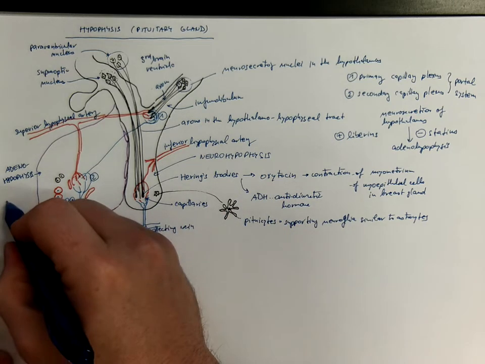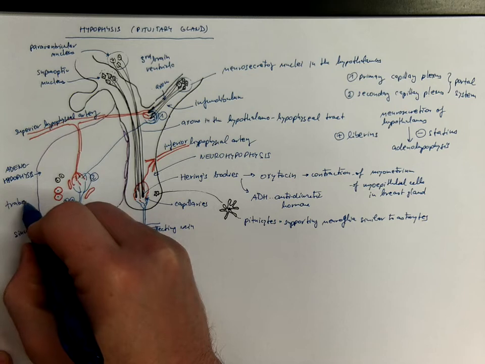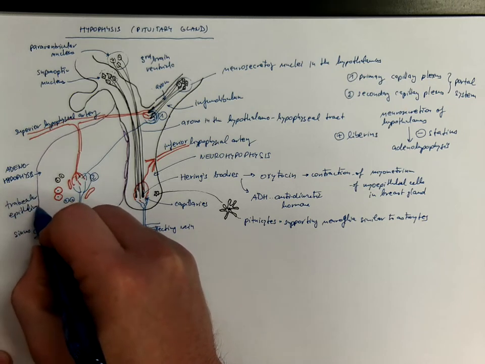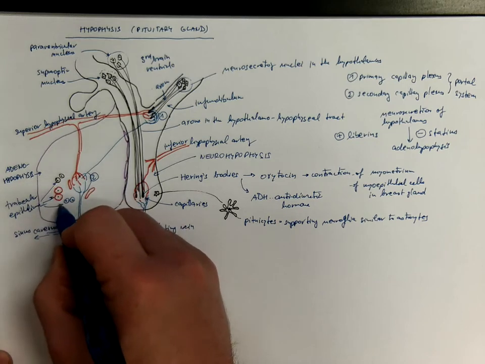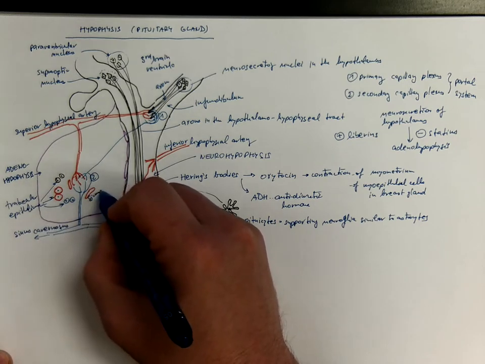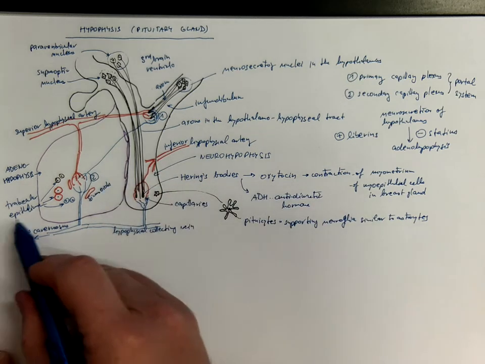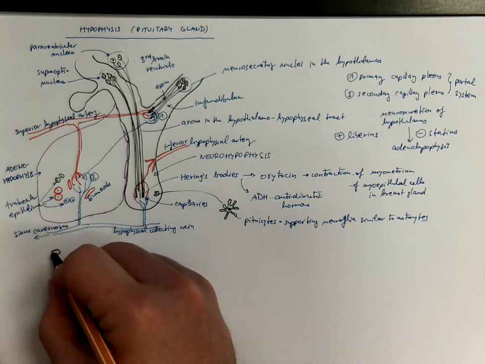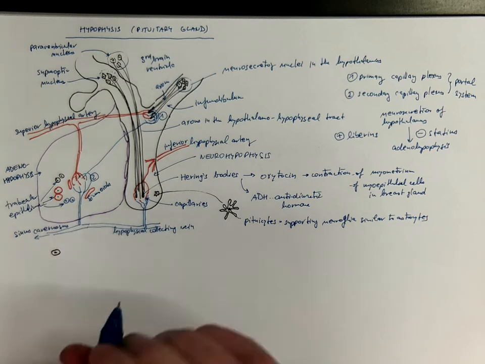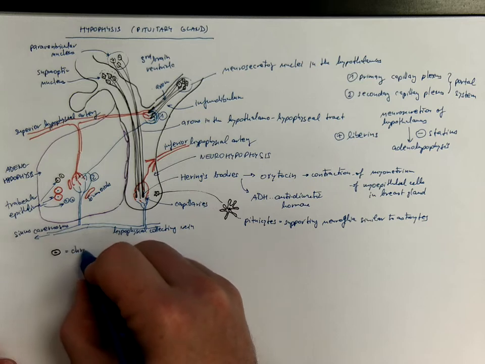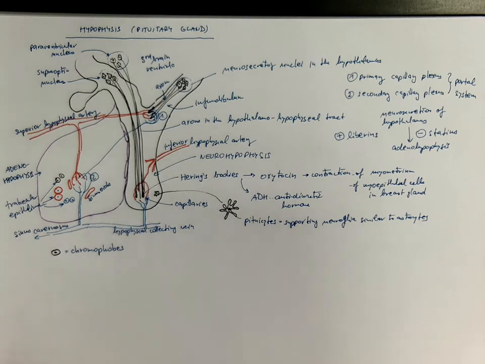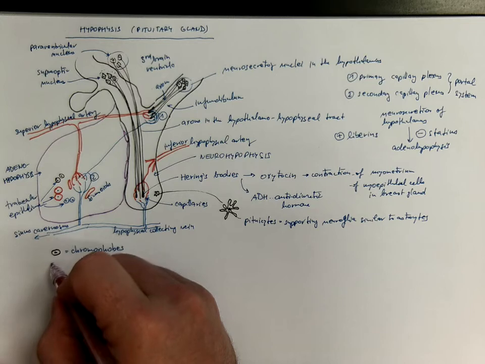So there is trabecular epithelium here. And sinusoids. And the epithelium is as follows. The cells that do not stain are called chromophobes. And they, as far as we know, don't produce any hormone.